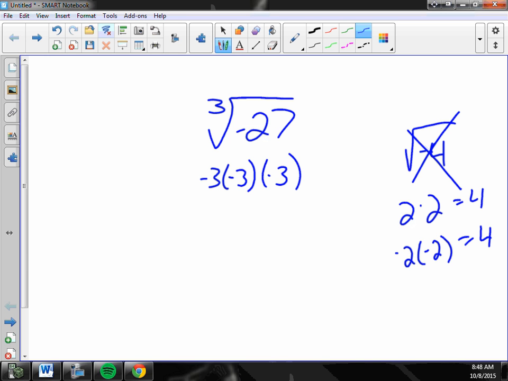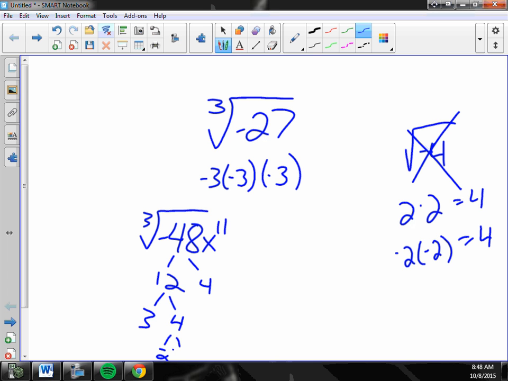So if I had the third root of negative 48 x to the 11th, I factor 48, 12 and 4, 3 and 4, 2 and 2, 2 and 2. And we always pull the negative out. Always. So it's going to be negative. Do I have any groups I can pull out?